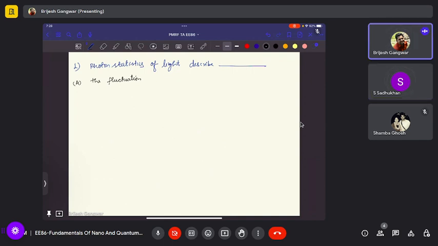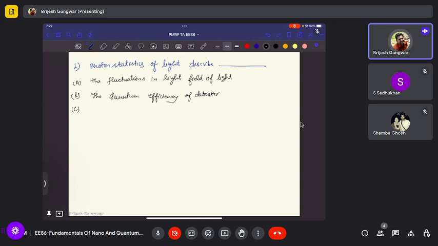I am writing the options, you can choose among these. A is fluctuations in the light field of light. B is the quantum efficiency of the detector.